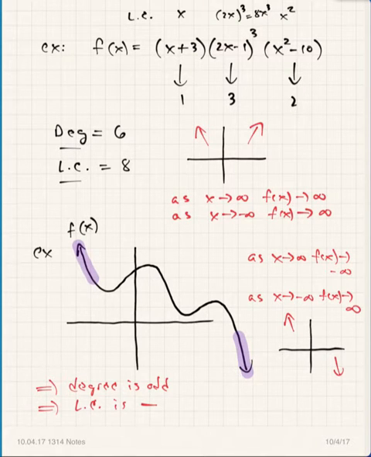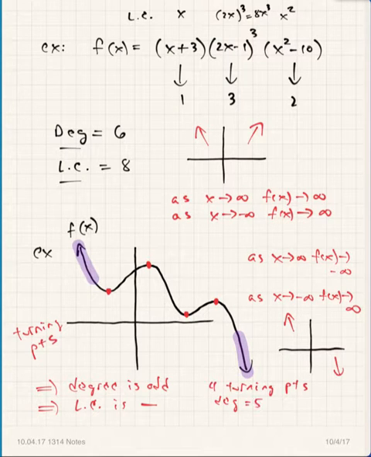And then let's also get a grip here on the turning points. How many turning points does this graph have? It has 1 turning point, 2 turning points, 3 turning points, 4 turning points. Since it has 4 turning points, its degree must be 5 or bigger, because the degree has to be at least one more than the number of turning points.